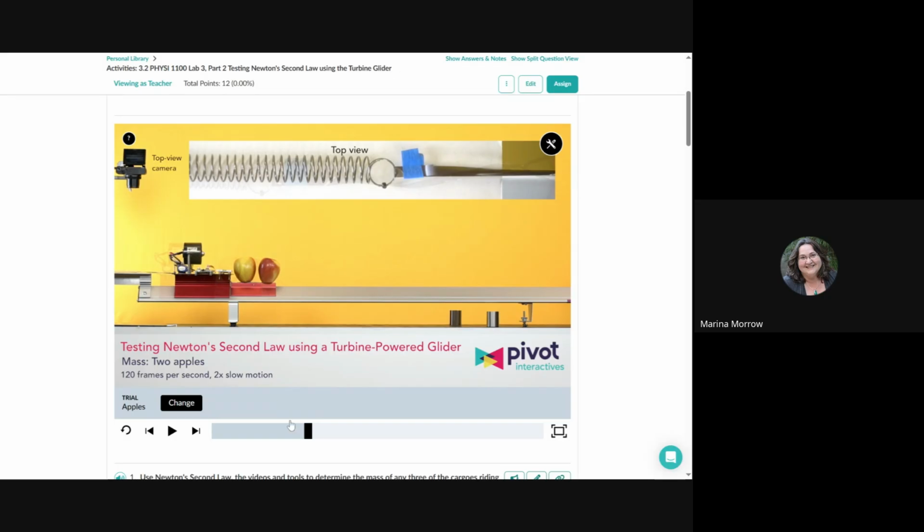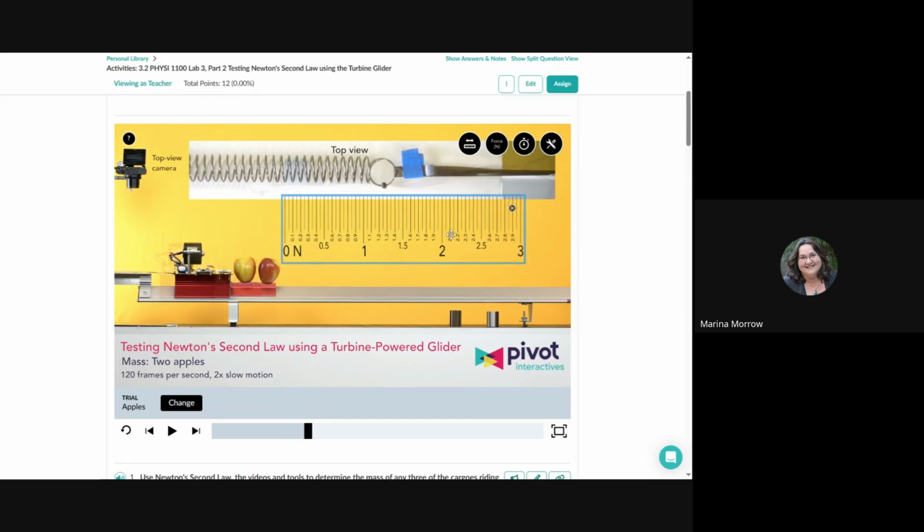But first of all, we have to go back and see how much this spring is stretched, because that'll give us the force of the fan. The force is proportional to the distance that the spring is stretched. So what they've given us is actually a force ruler. The further the spring is stretched, the larger the force is.